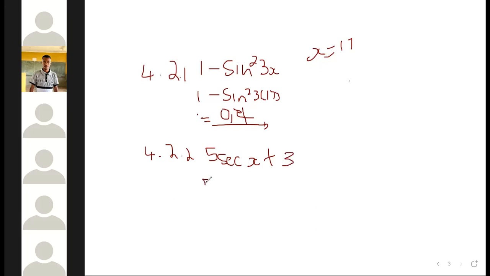This is equal to 5 multiplied by 1 over cos. Well, sec is actually the reciprocal of cos. So it's going to be cos of how much is x? 17.